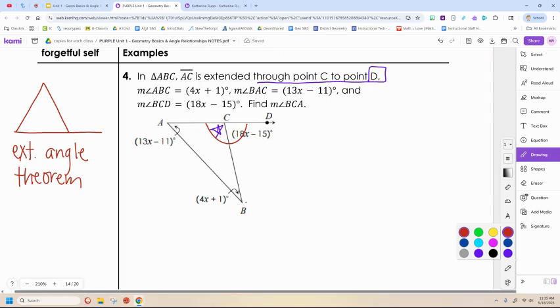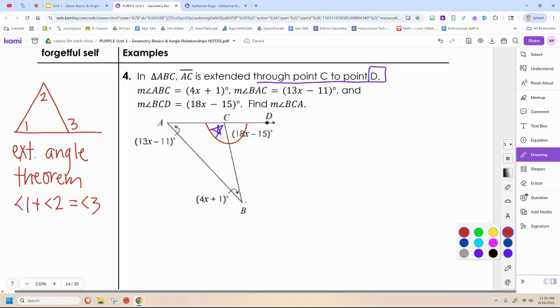That says if I have angle 1 and angle 2 inside the triangle, and then I want angle 3 on the outside, it's angle 1 plus angle 2 equals angle number 3. There's no 180 in this formula. Okay?